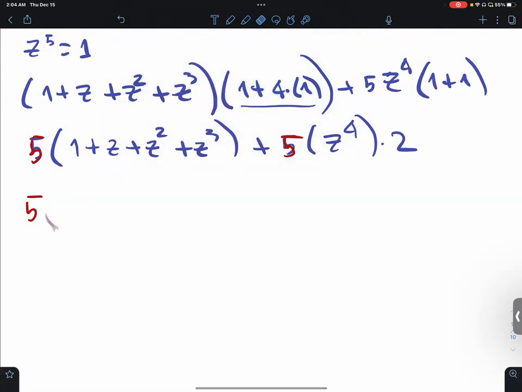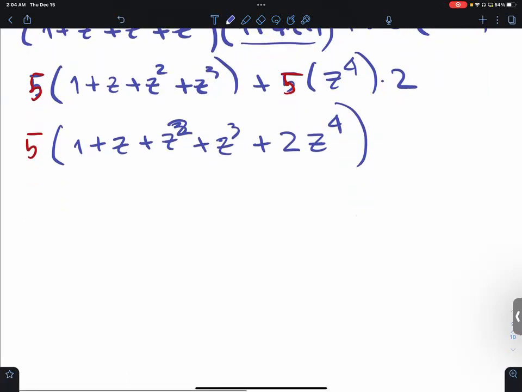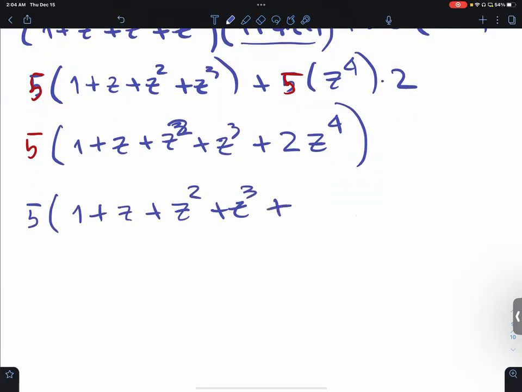And I will have 1 plus z to the 2nd plus 2z to the 3rd plus 2z to the 4. Now, this is 5 times 1 plus z to the 2nd plus z to the 3rd plus z to the 4, plus another z to the 4 coming from these two.